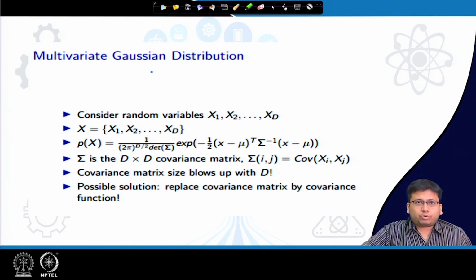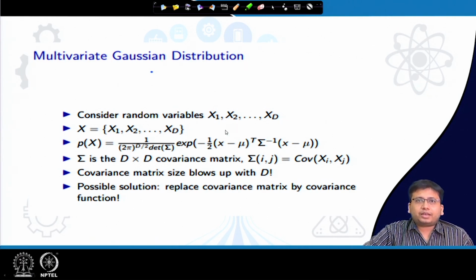Okay. Now, coming to the actual formulation of this kind of a Gaussian process. Before the Gaussian process, let us first consider the Gaussian distribution. So, the univariate Gaussian distribution, we all know, that is the standard normal distribution, where we have a mean mu and a variance sigma.